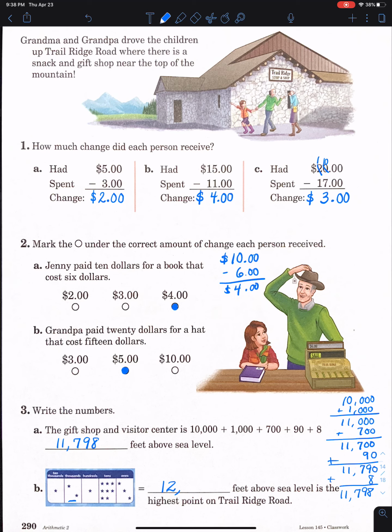So there's 12,000. How many hundreds? 100. And then we have 8 10s and 3 1s. So it's 12,183 feet above sea level is the highest point on Trail Ridge Road.